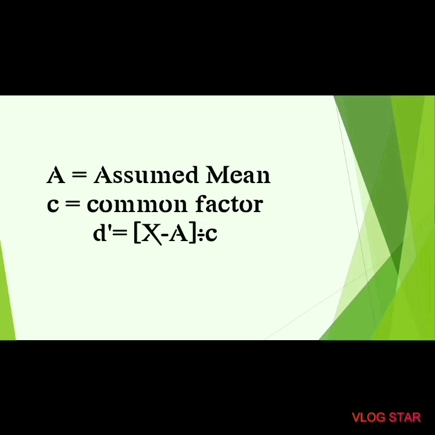So let us look into the example. You have been given with marks and number of students in the class. Marks are 10 to 20, 20 to 30, 30 to 40, and 40 to 50, similar to the previous example in shortcut method.